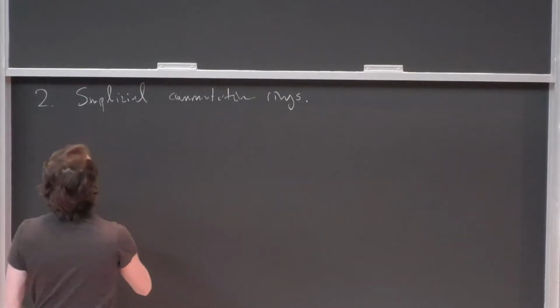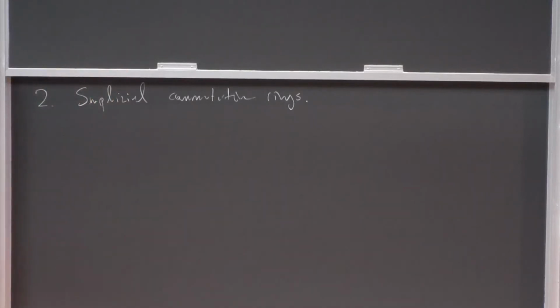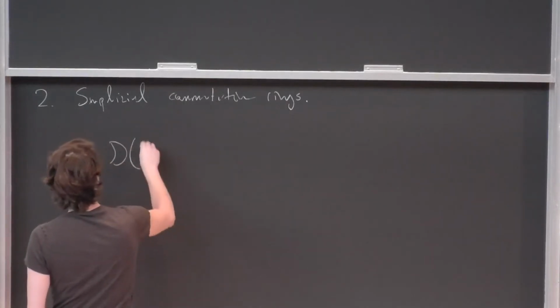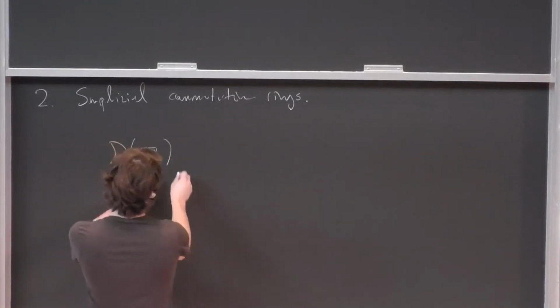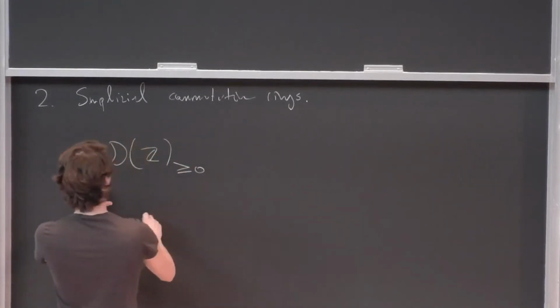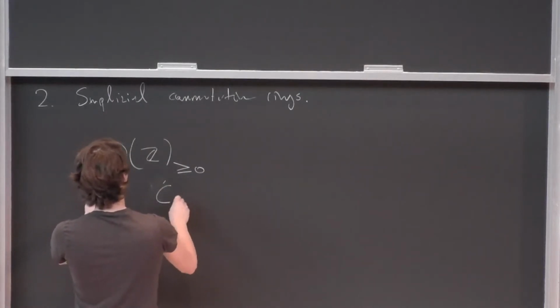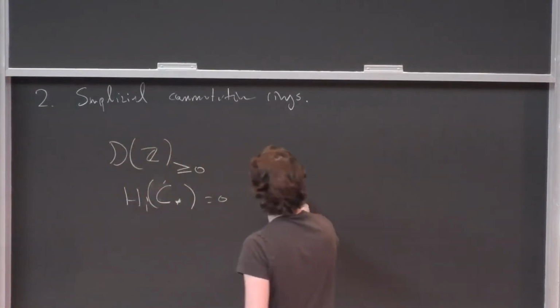So here's the basic idea, and it's motivated exactly by this kind of example, of this sort of derived intersection. So let's look at the derived category of the integers. And let's look at the connective objects. So these are chain complexes, let's say C star, where H_i of C star is 0 for i less than 0.